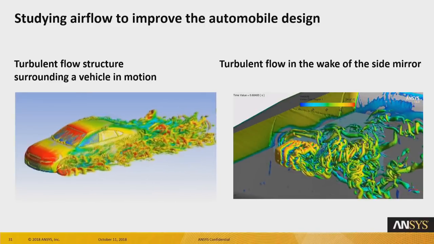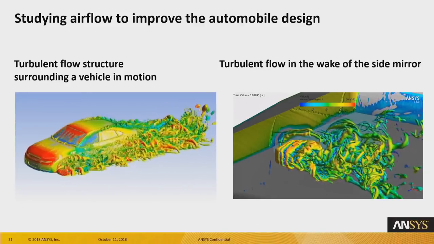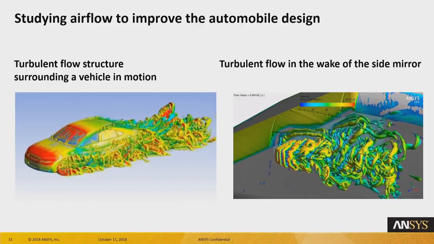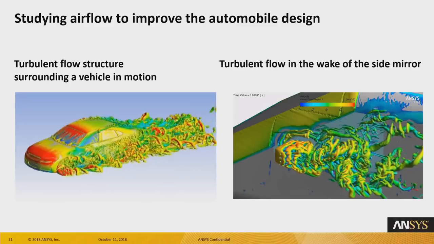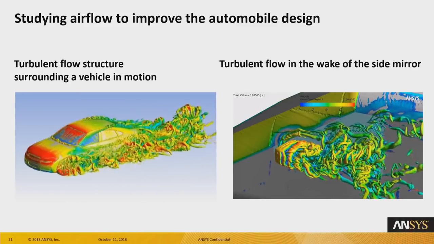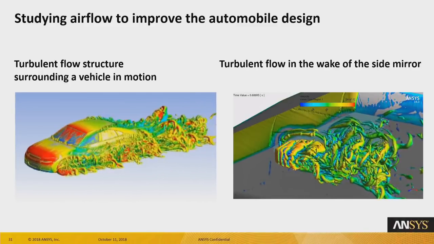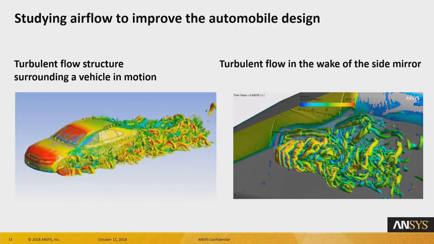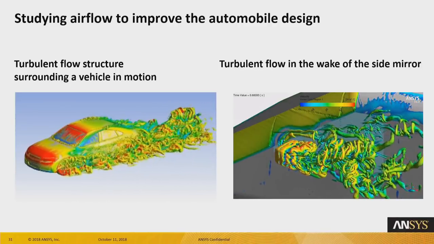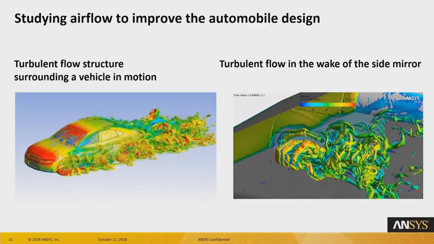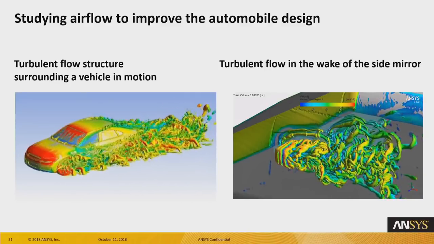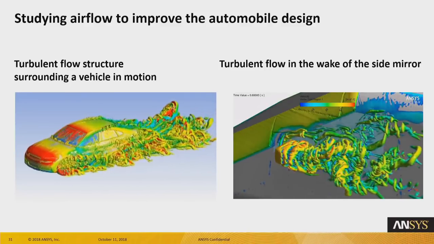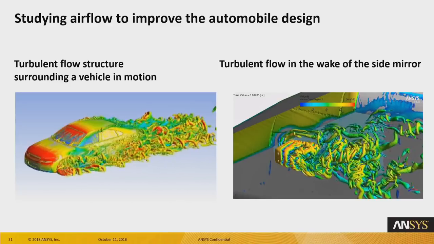We obviously have to solve this as a coupled problem, where we use Fluent in order to solve for aeroacoustics. We derive the noise from this turbulent flow, and then we use Ansys Mechanical in order to solve for the vibroacoustics inside the side window and inside the cabin. And we coupled these two applications through the Workbench.